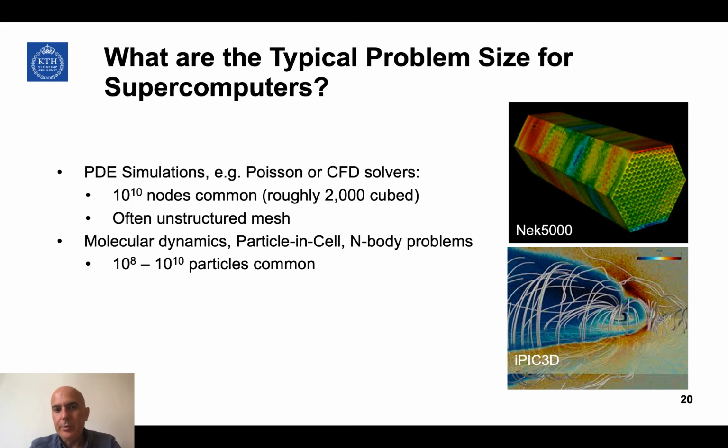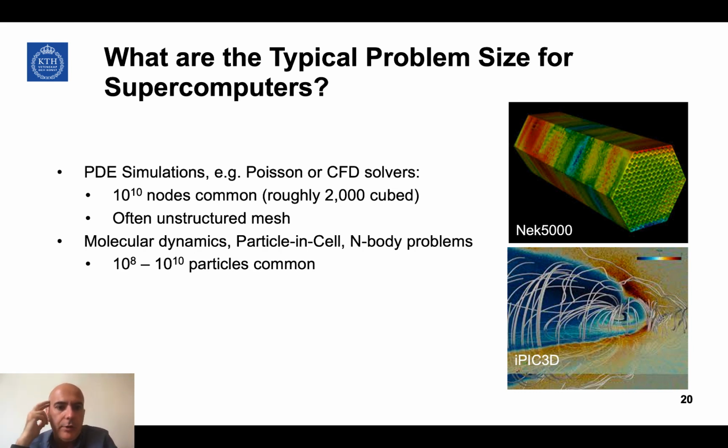That is also roughly 2000 to the cube. That means that you have 2000 cells in one direction, 2000 cells in the other one, and 2000 cells in the third direction. Also, this is in a structured mesh, so it's kind of regular meshing.